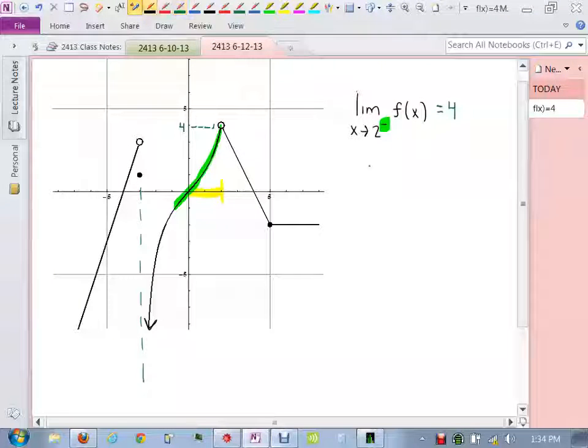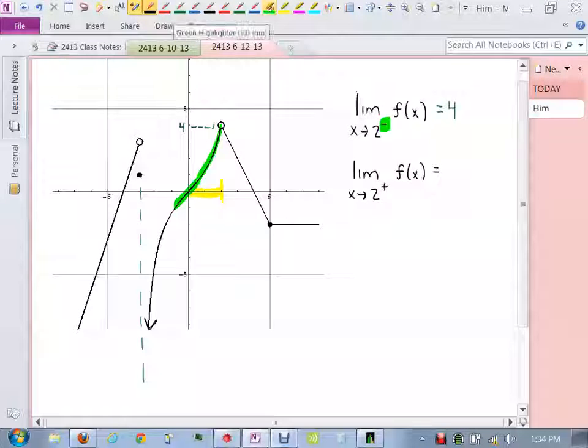And then what would be the limit as x approaches 2 with a little plus sign here? That means I come in from the right now. So same thing, I'll highlight this one. Let me do purple. Come in from the right. That means I'm approaching 2 from the right. I'm coming up like this, and lo and behold, I'm headed to the same place, aren't I?